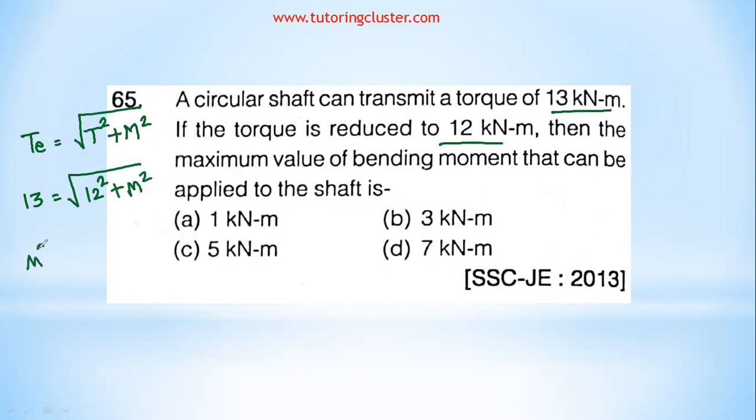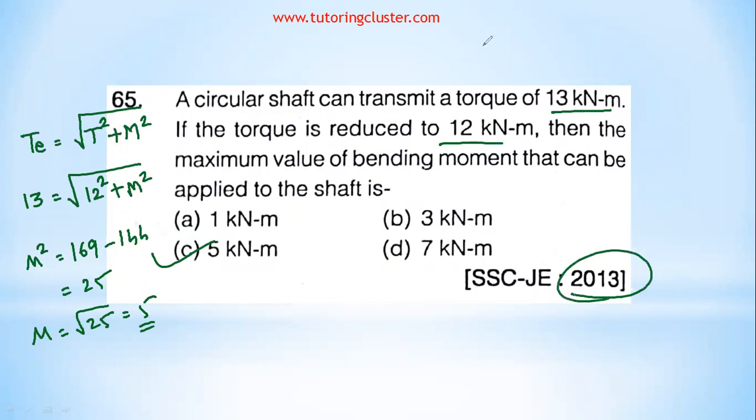So what will be M square? 169 minus 144. Okay, so it will be 25. M will be square root of 25, which is equal to 5. Next. So this problem was asked in 2013.